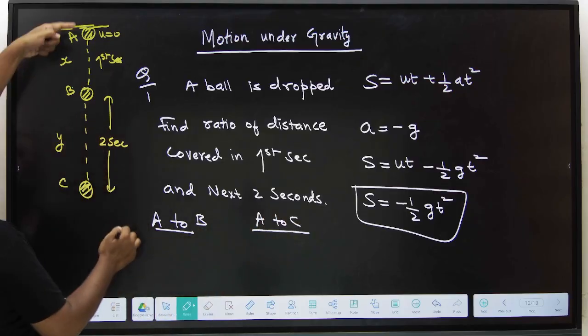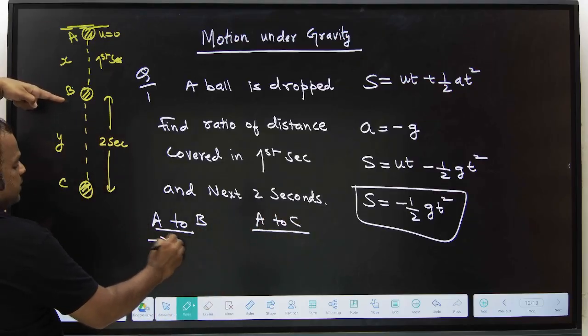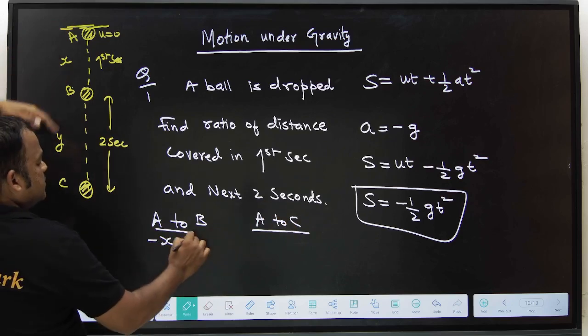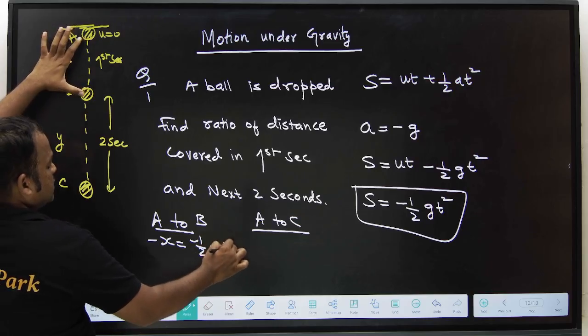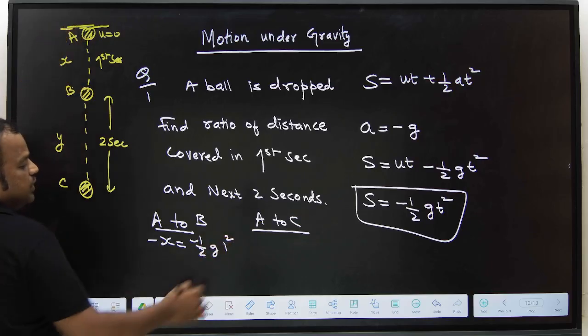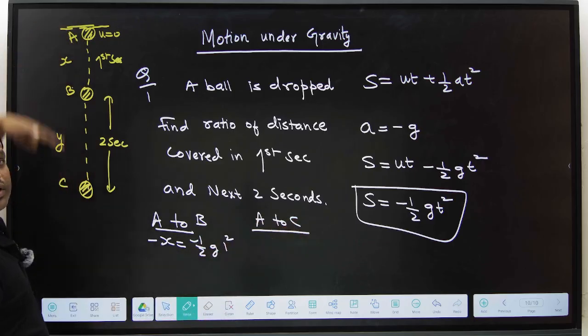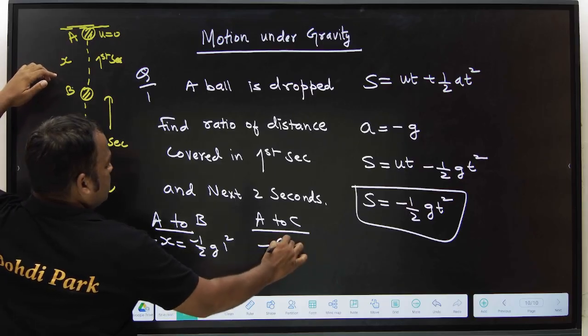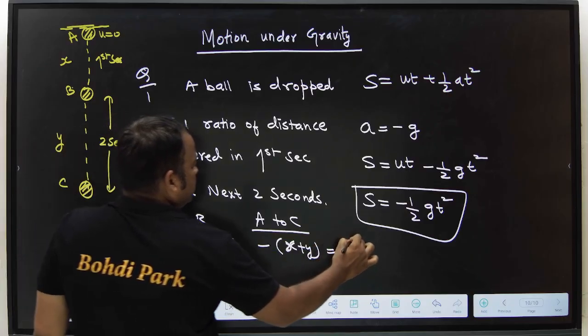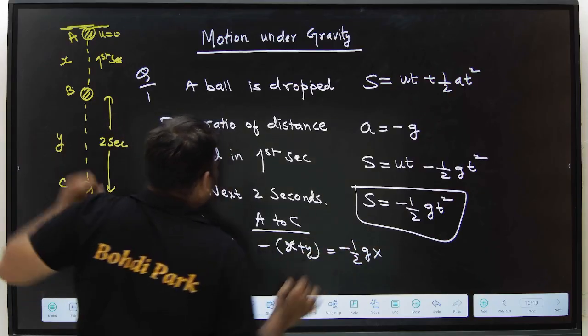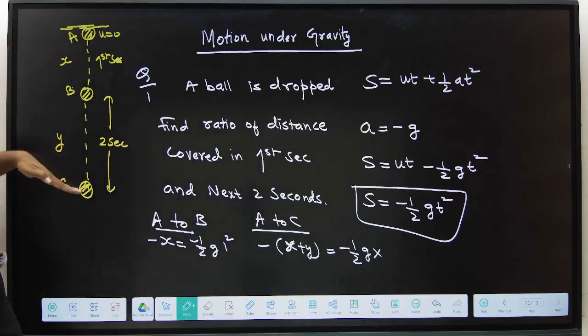So for A to B, the displacement is minus x. So minus x = minus half g t square, which is 1 square. For A to C, the displacement is minus of (x plus y), which is equal to minus half g into the total time from A to C, which is 3 seconds, 1 plus 2, 3 seconds.